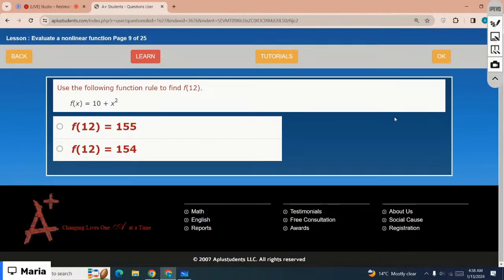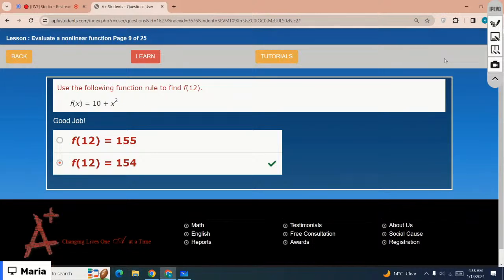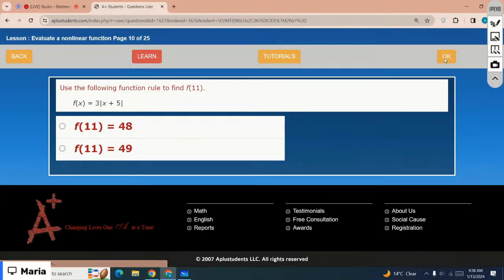The correct option is 154, right? Use the following function rule to find f of 11. So which is the correct option? 48 it is, right?